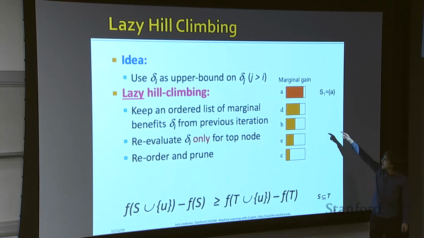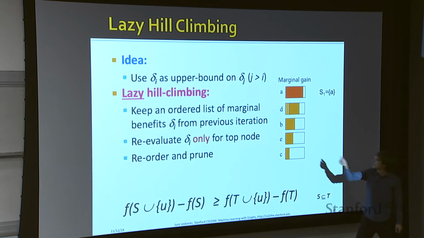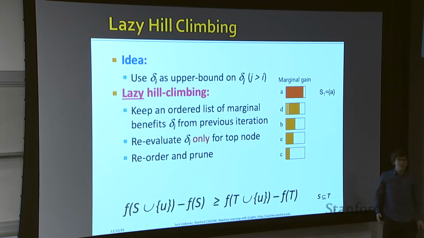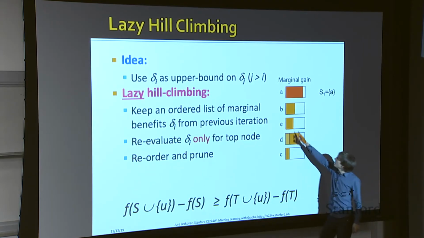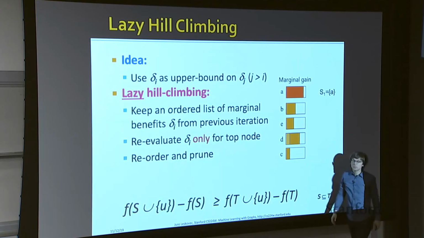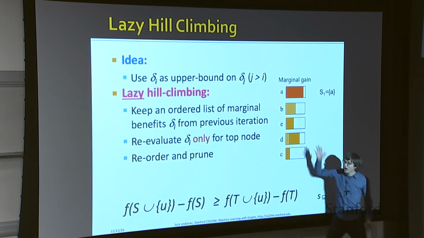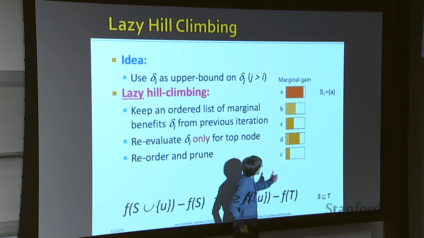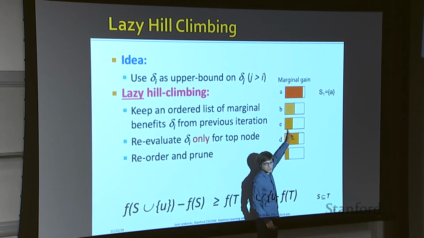So now I evaluate the benefit of node D, and let's say this is the benefit I get. Now I know I don't get to select node B, I can put it down. And I can go now to evaluate node B, and let's say node B says this is the benefit of it being added to node A. Now I know I can stop. Why is that? The reason I know I found the maximum is because I know this is an upper bound, so this will only shrink.